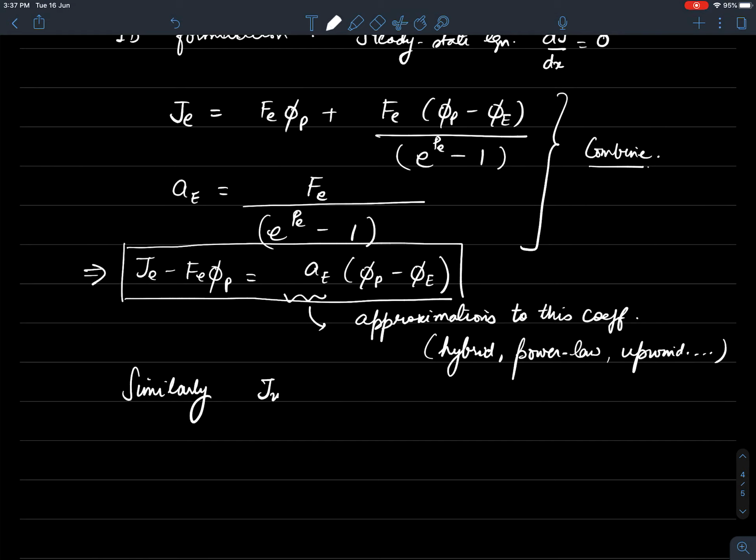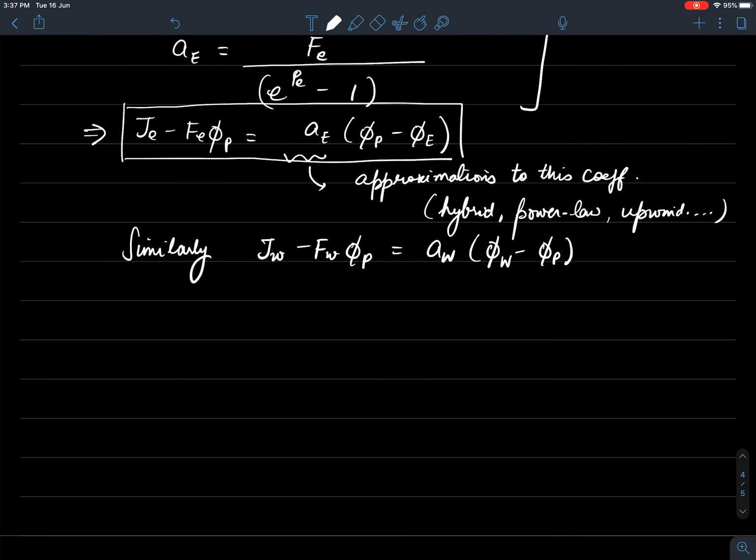Similarly, I could also write Jw minus Fw phi p to be Aw times phi w minus phi p. You can work out. It doesn't take too much time to actually get to this equation.